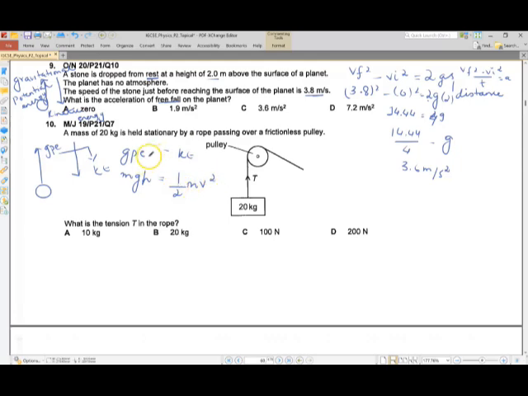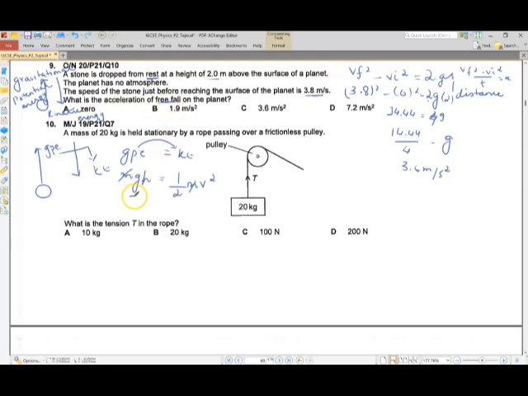Since we are seeing that gravitational potential energy is being converted into kinetic energy, they can be equated. Now we see that we don't have the mass in this question, so the mass can be cancelled on both sides.